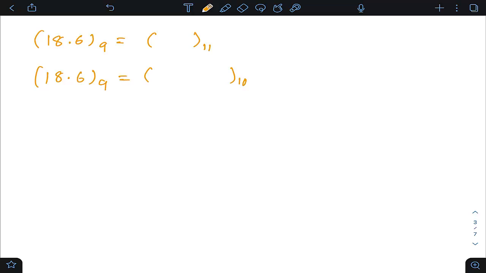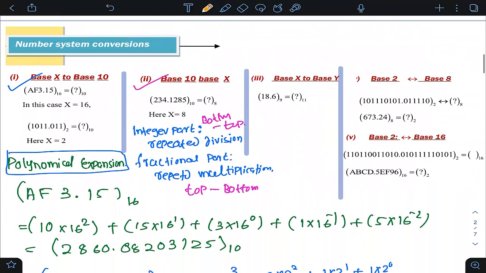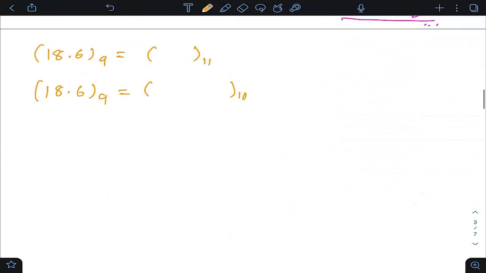How do we convert any number system into the decimal number system? The technique is polynomial expansion. Any number to base 10 is polynomial expansion. So this is 1 into 9 power 1 plus 8 into 9 power 0 plus 6 into 9 power minus 1. You simplify this. If you simplify this, the answer you get is 17.666.